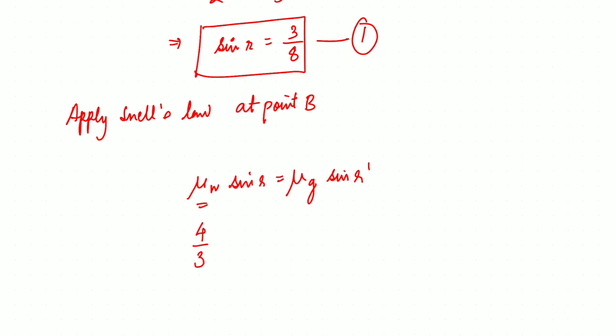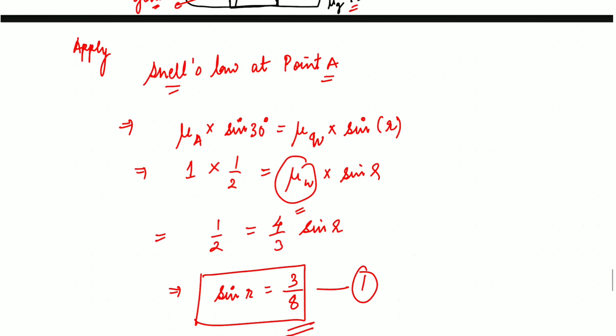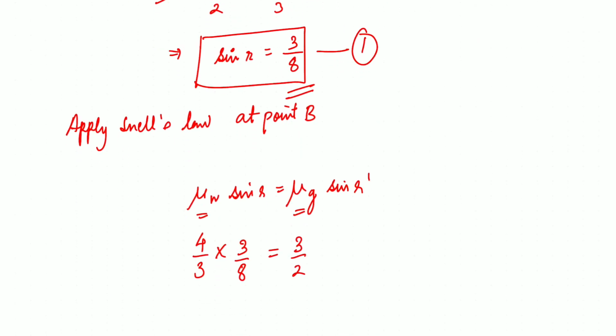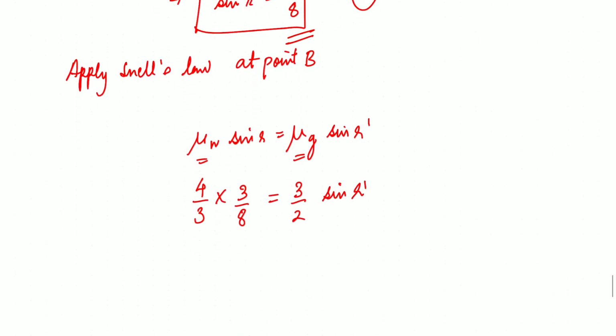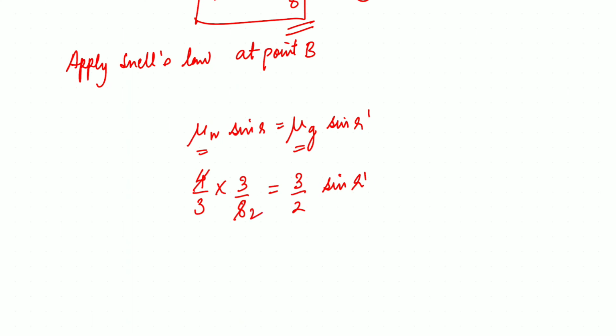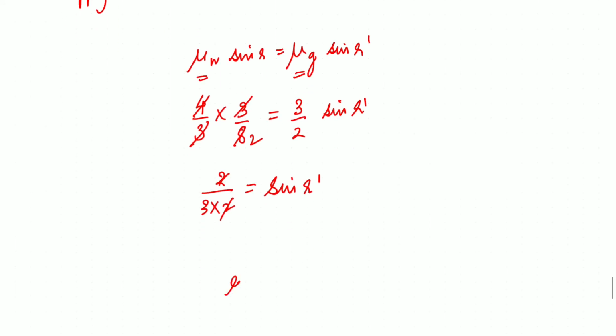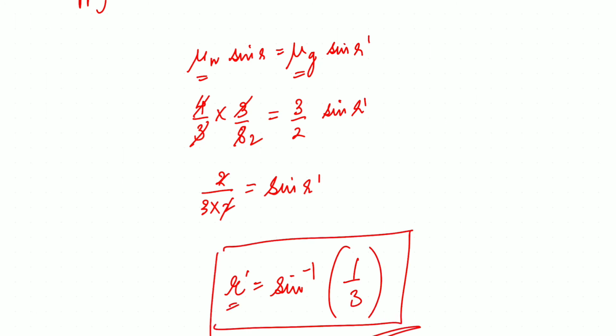Sine of R, we already knew, is 3/8, and this will be equal to the refractive index of glass, also given in the question, that is 3/2, times sine of R dash, which I have to find out, right? So this will become 2/3 into 2. This will also cancel out, so you will get sine R dash. So from here I can find out R dash will be equal to sine inverse 1/3. So I know this value. I hope you guys can understand that, right?